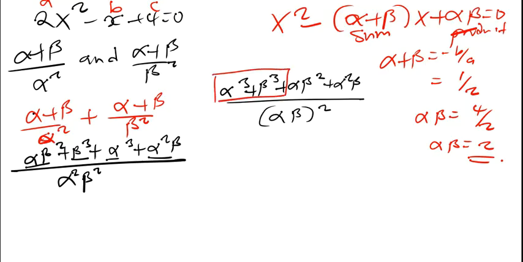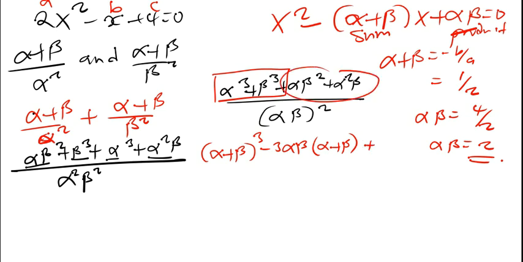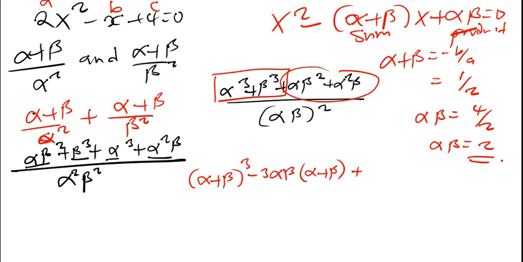Remember what I said, you replace that with alpha plus beta raised to the power 3 minus 3 alpha beta, open brackets alpha plus beta. Now here you are going to factor out alpha beta for these two guys. I don't have enough space. I'll shift this guy to come here. I'm going to factor out alpha beta, and I'll remain with beta squared. No, it will be beta times, so it's the same even if I start with alpha. So it will be alpha plus beta.